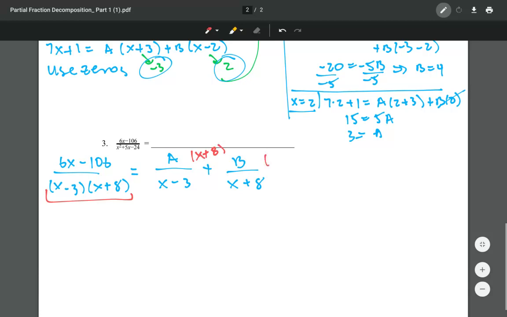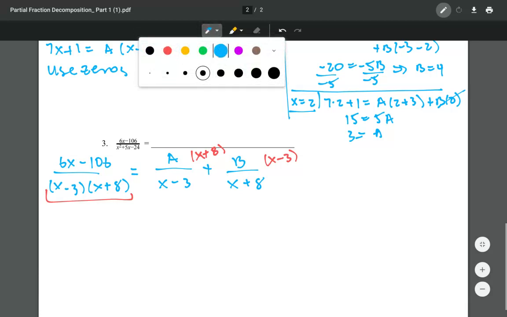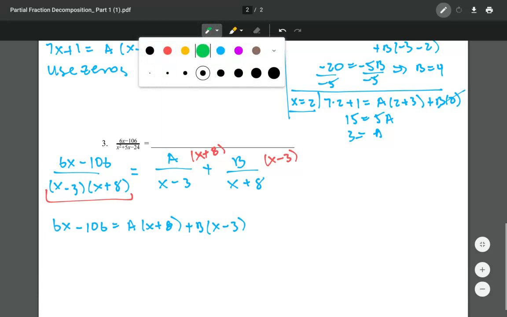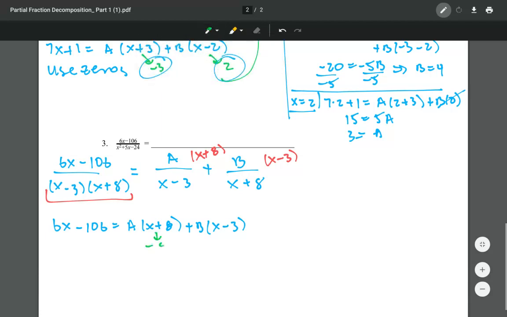My second fraction is missing x minus 3. Comparing just the numerators, I get 6x minus 106 is equal to A times x plus 8 plus B times x minus 3. This gives me 2 zeros to work through: negative 8 and 3.